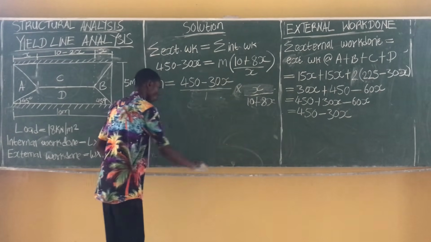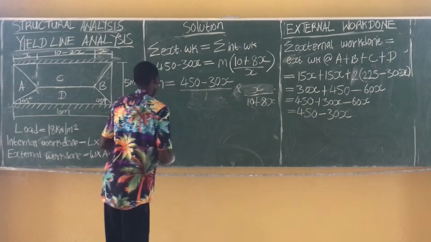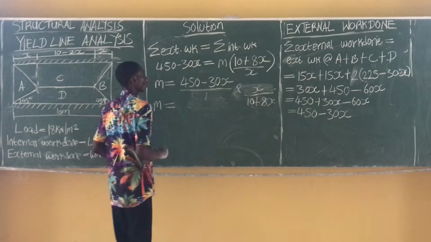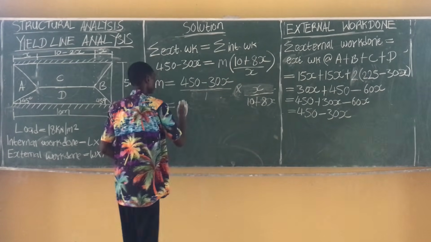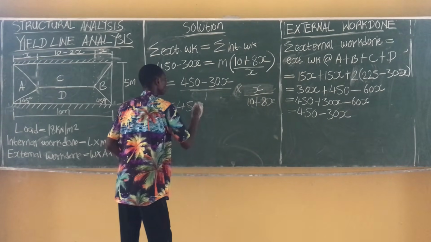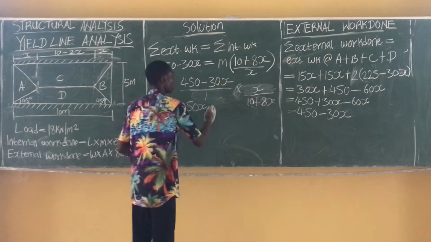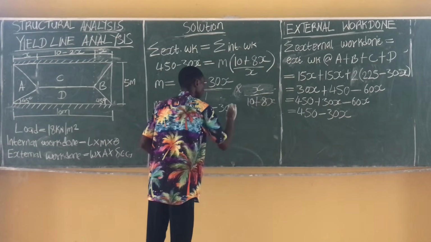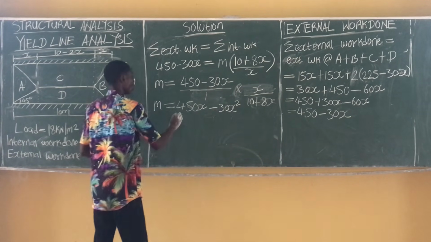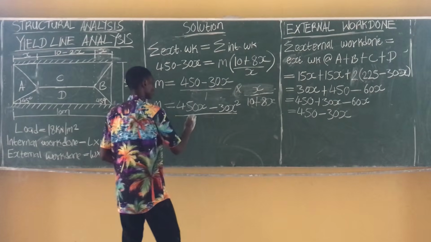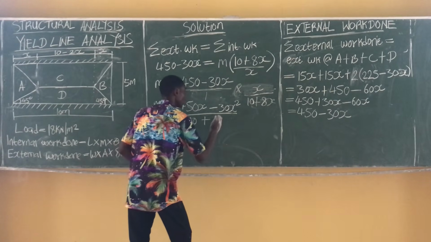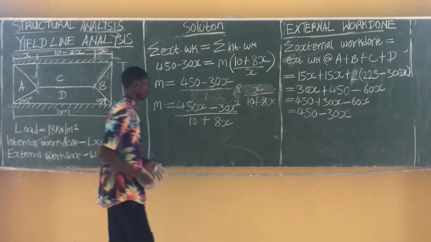So we are going to have our M equal to x multiplied by this: 450x minus 30x squared all over 10 plus 8x.